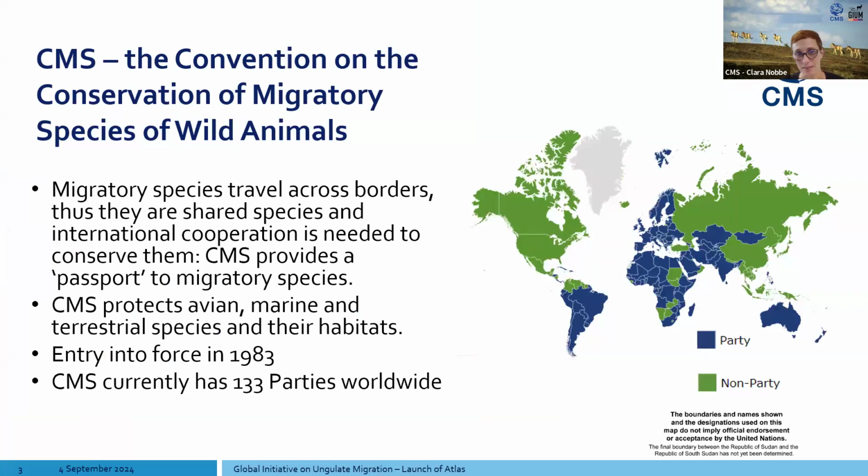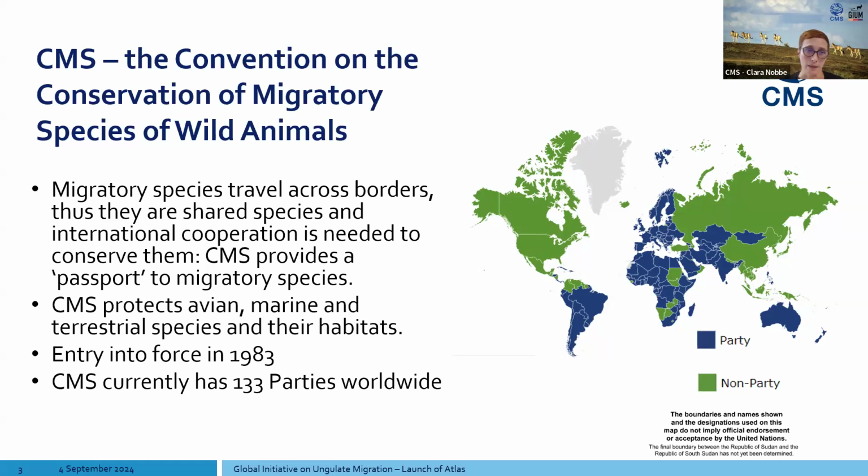So that does not only address the species itself, but of course also the habitat and the routes that they need to take during their life cycles. In CMS, of course, given that it is a multilateral environmental agreement, it's also about international cooperation.